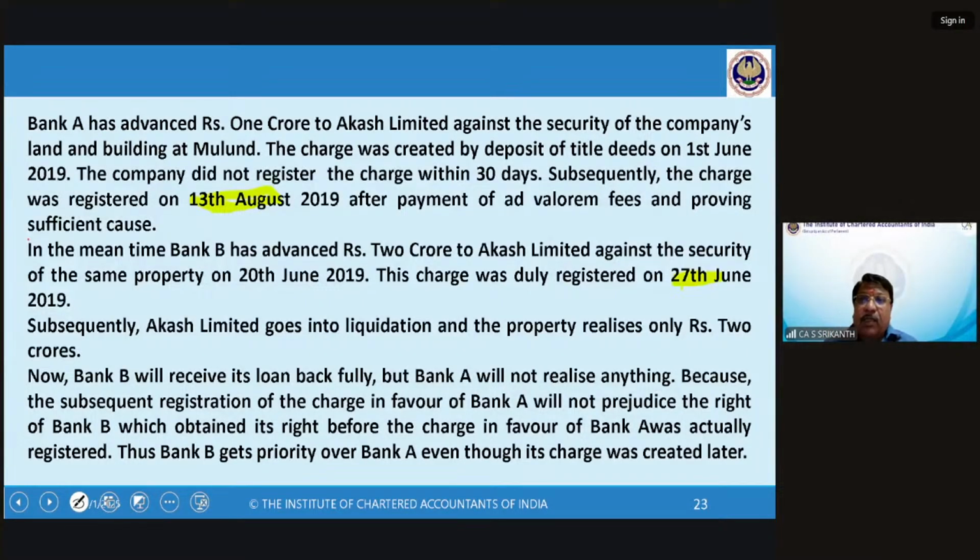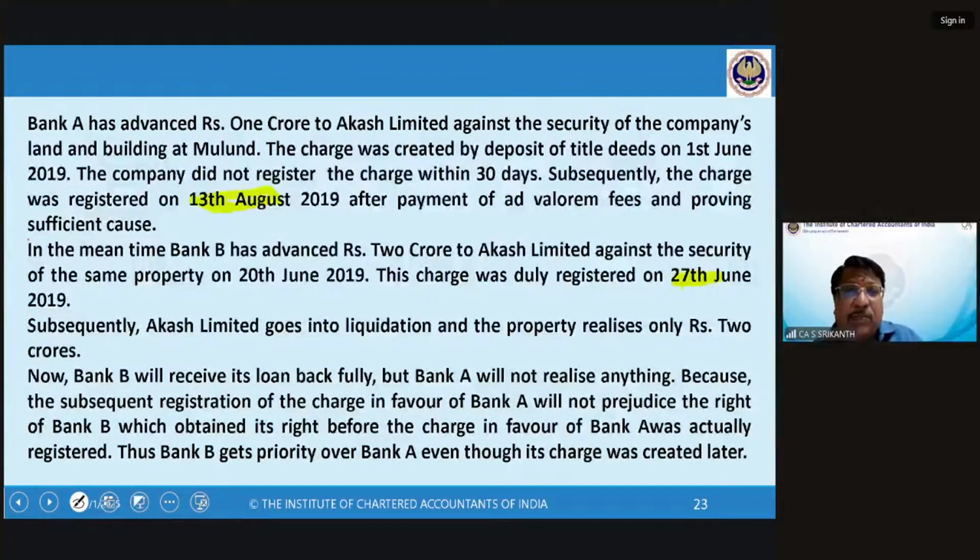So now what has happened? Charge was created on 1st June, registered on 13th August. In the meantime, Bank B has advanced rupees 2 crore to Akash Limited. See, normally B is second charge, because they didn't take pari passu. Normally, if A had been registered before B, not even within time, before B, then A would have got first charge, everything.